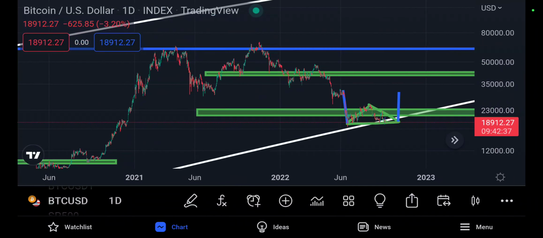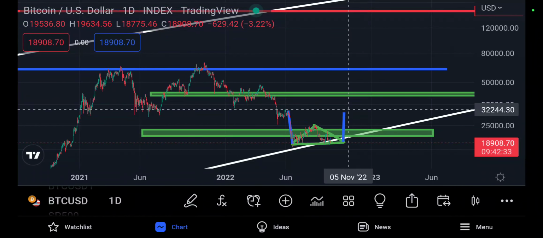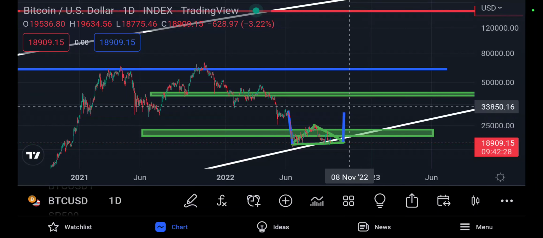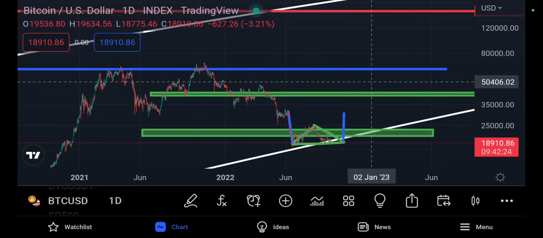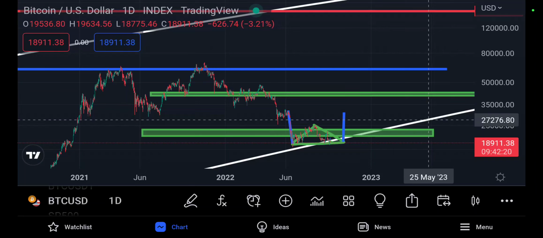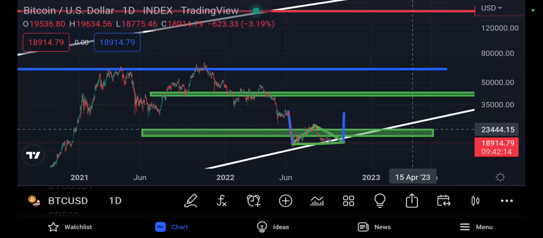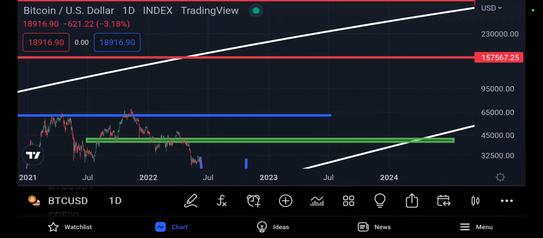Okay. So if anything, we could increase from these current prices up to 30,000, up to 40,000, a little bit above it, say close to 50,000, before we roll back over and hit around 27,000, or on top of the 0.618 Fibonacci, which is 23,000, before we have another ascent up.